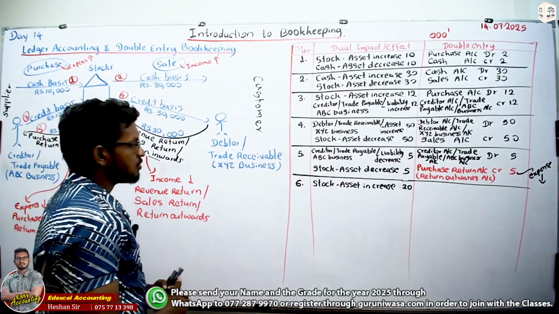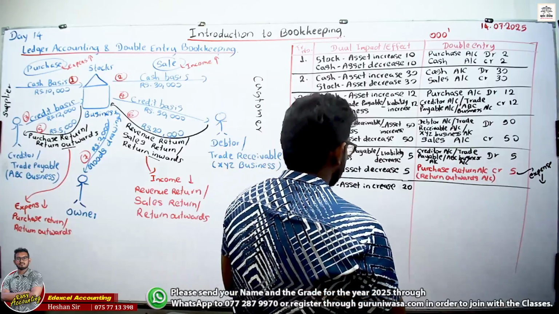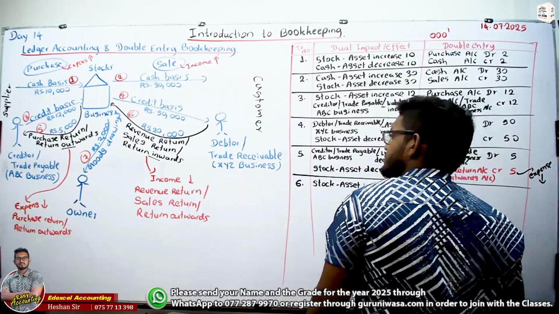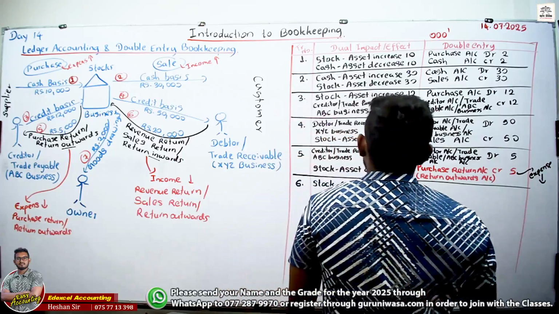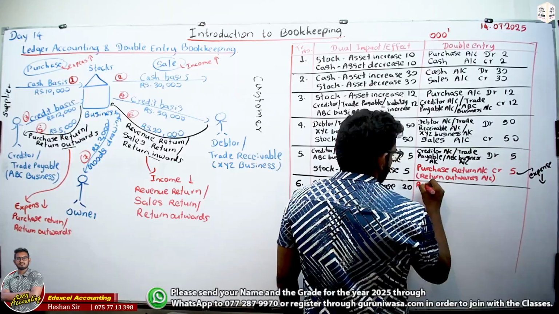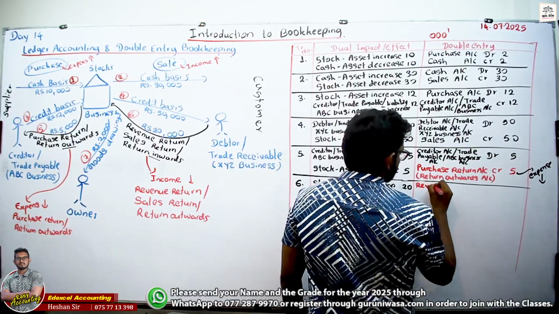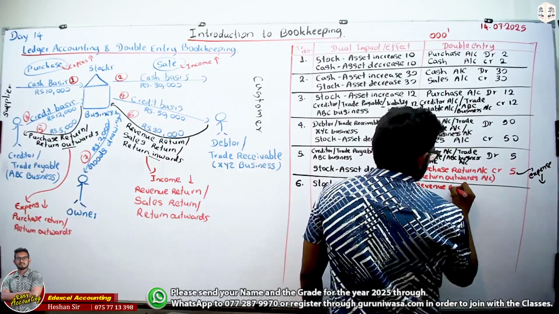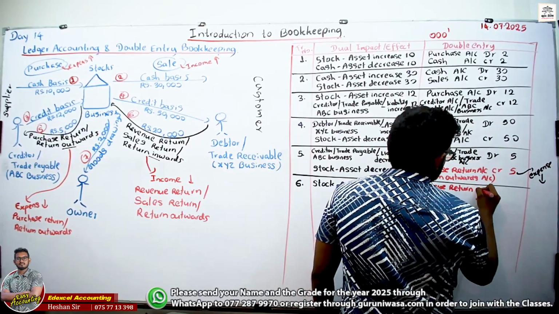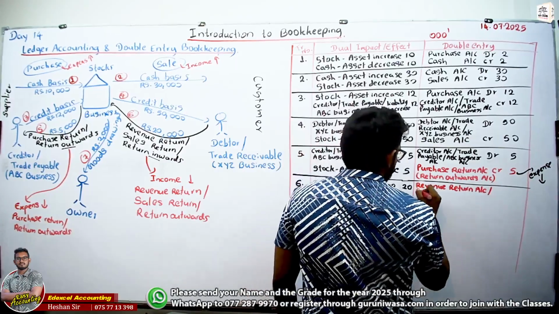Understand? So stock asset decrease, stock asset increase, we receive the stocks, but you know there is no any stock account, so we write it as return revenue return account or another word, sales return account.